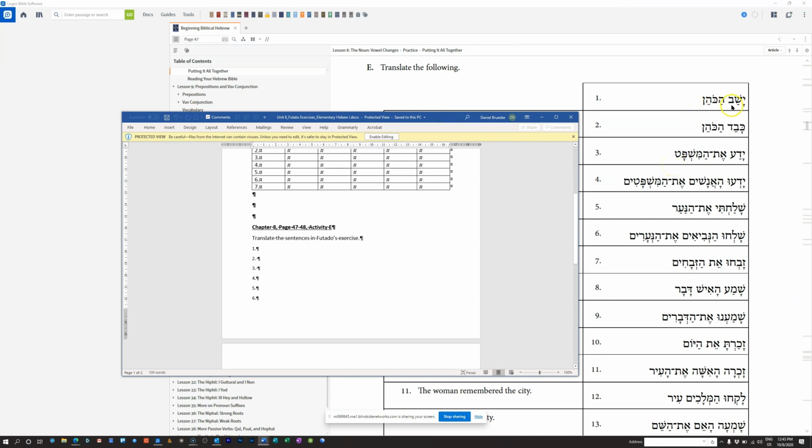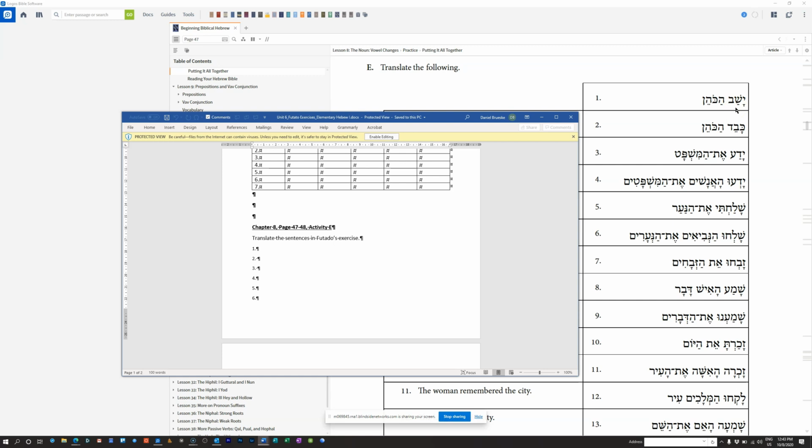All right, so first we have Yashav HaKohen. So we're going to expect the first word to be our verb, and then normal Hebrew word order goes verb, subject, object.